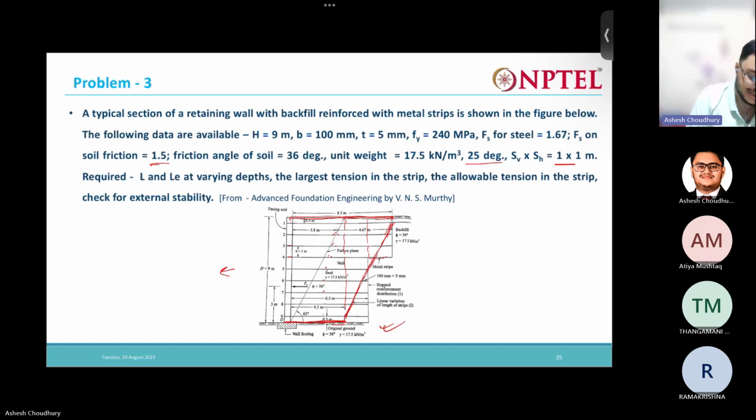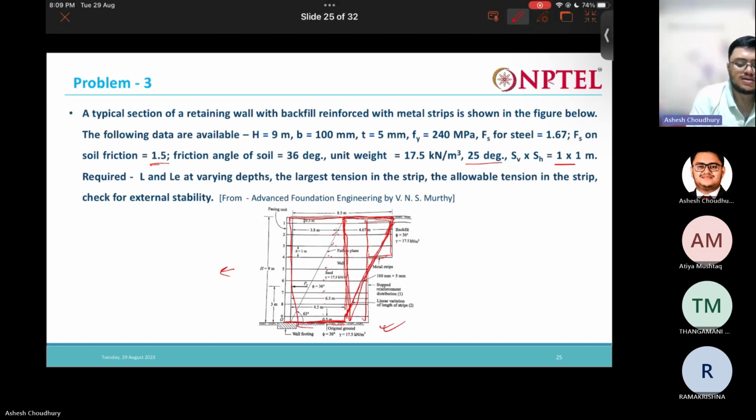In our case, what did we do? We took three rectangles, right? These, and this. But in their case, they took this first rectangle block, and this second triangle. Like this, they calculated the weights and the overturning moment.